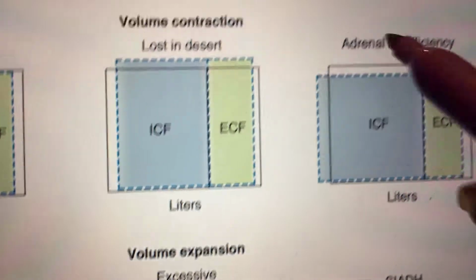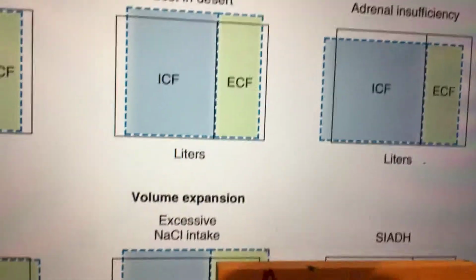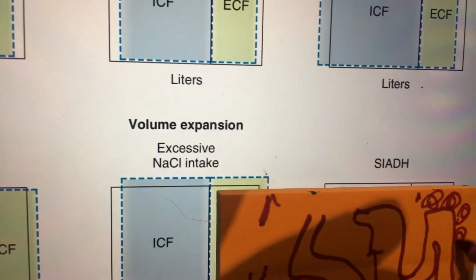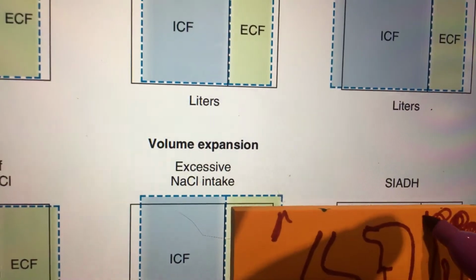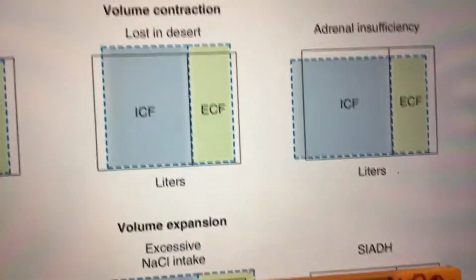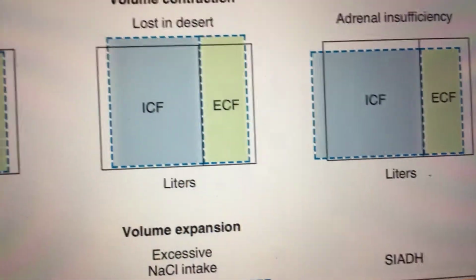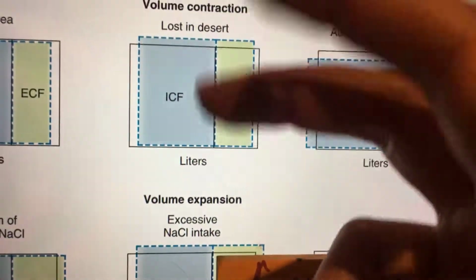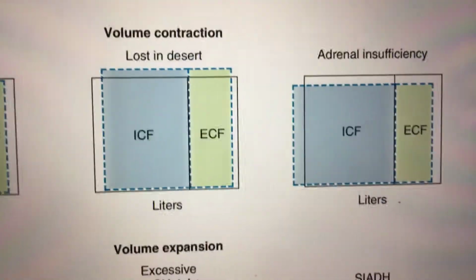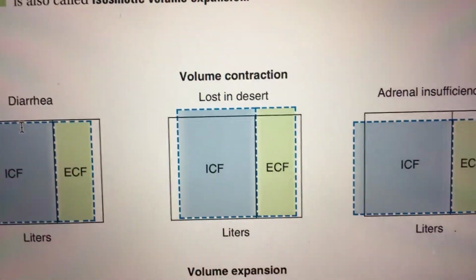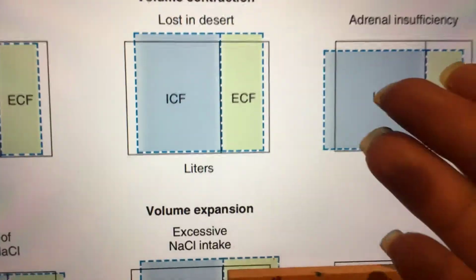And in adrenal insufficiency, aldosterone is what causes the cells to reuptake sodium chloride, to reuptake your osmotically active solutes. Now, this aldosterone is produced by the zona glomerulosa of your adrenal gland.